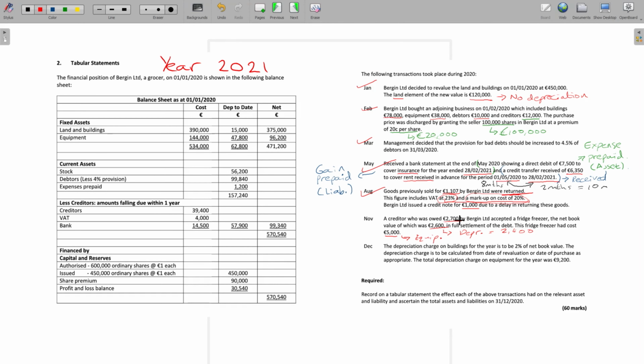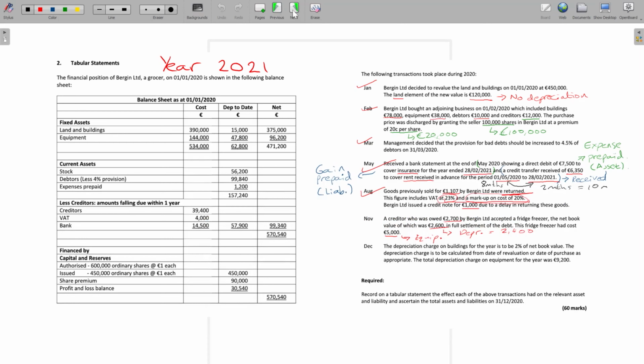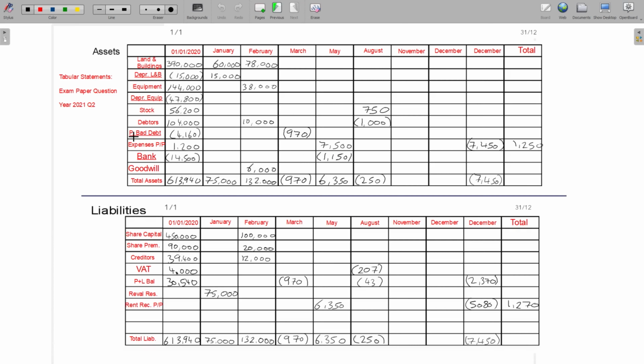And then creditors will be reduced by 2,700. So once you know how to do this process, it's actually not too tricky. So what do we have? 5,000 less 5,000, less 2,700 down in creditors. So we're reducing our creditors. We no longer owe them money.